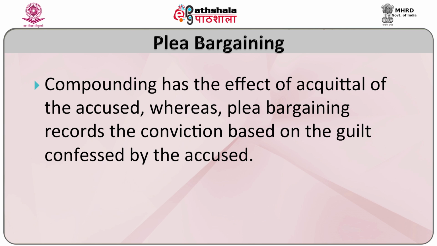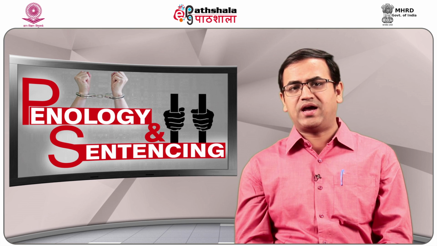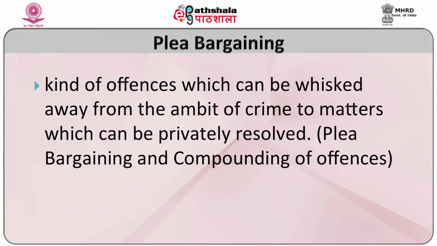Compounding, therefore, has the effect of acquittal of the accused, whereas plea bargaining records the conviction based on the guilt confessed by the accused. However, both plea bargaining and compoundable offences are kinds of offences which can be taken away from the ambit of crime to matters which can be privately resolved.